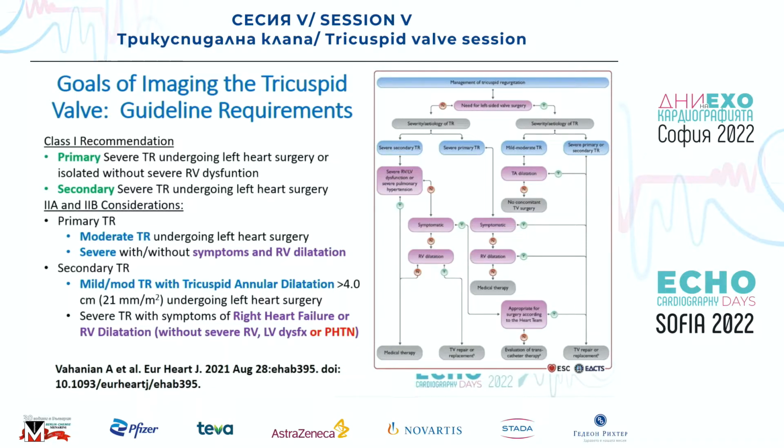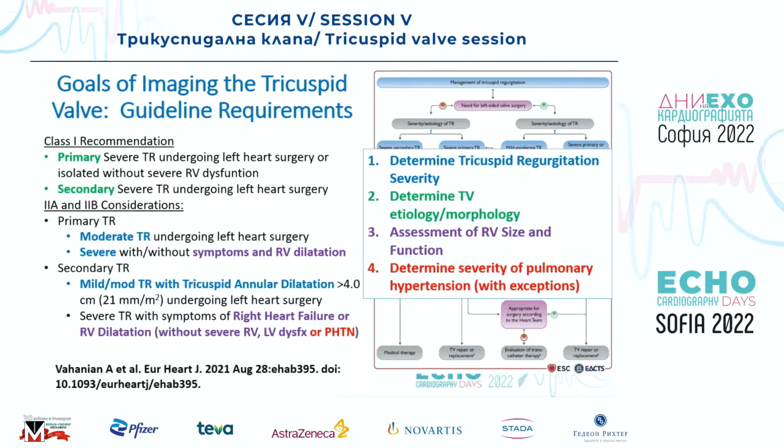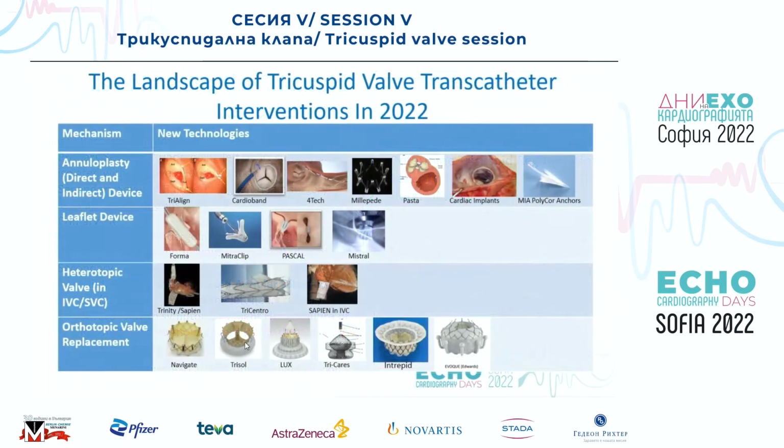In addition, one should understand the right ventricular remodeling that occurs with chronic volume overload, and then determine whether or not you have a significant amount of pulmonary hypertension playing a role in the dilatation of the right heart. Therefore, the steps to go through are to determine the tricuspid regurgitation severity, determine tricuspid valve etiology and morphology, assess RV size and function, and then determine the severity of pulmonary hypertension.